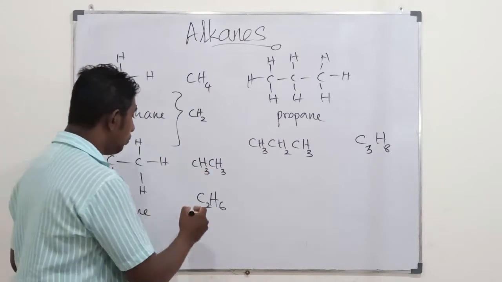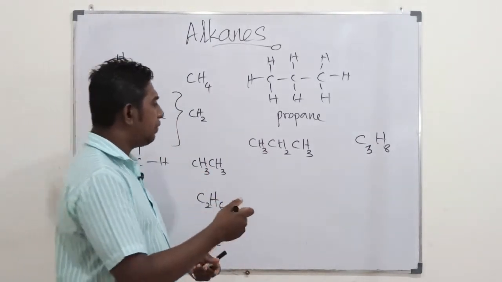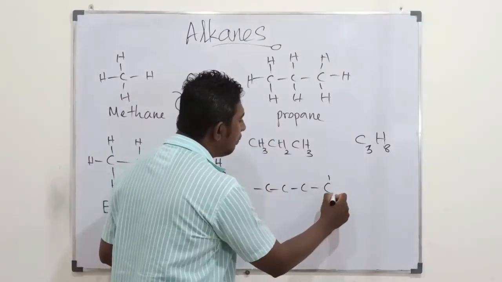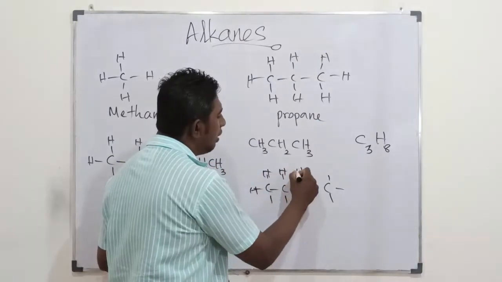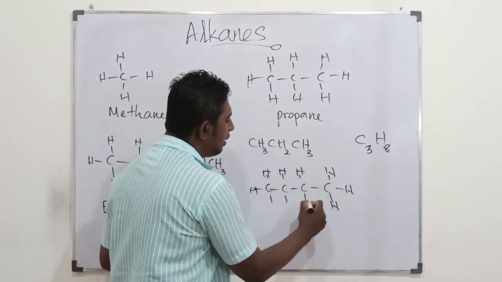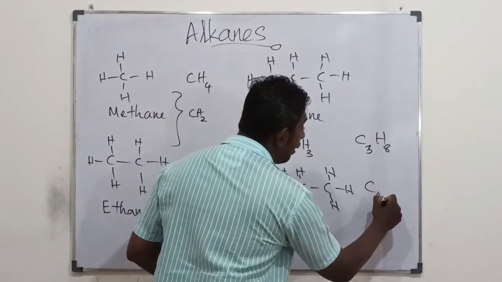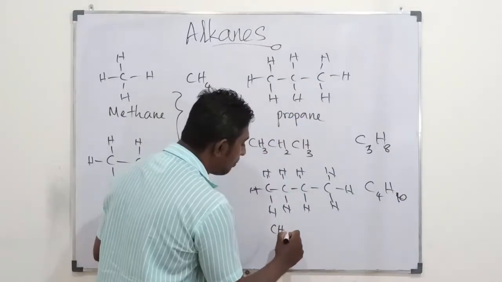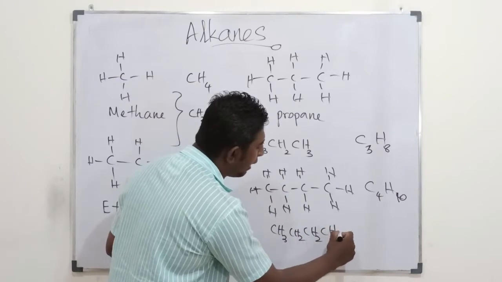Again CH2 you will get. Next is the one with 4 carbons with single bonds. So you would find 10 hydrogens, C4H10. It could be given in this format as well: CH3, CH2, CH2, CH3.